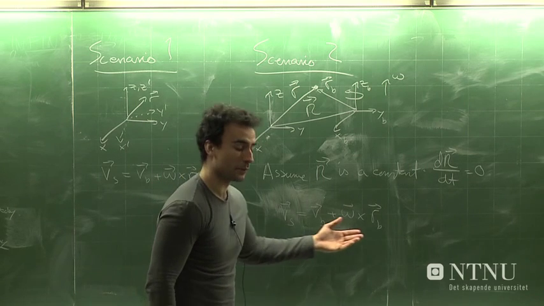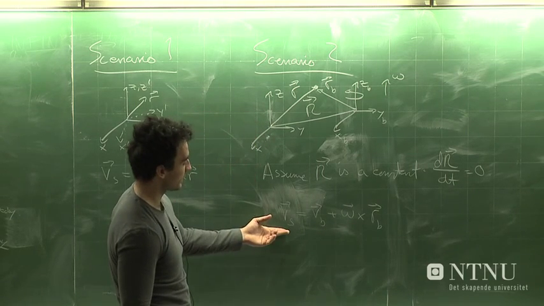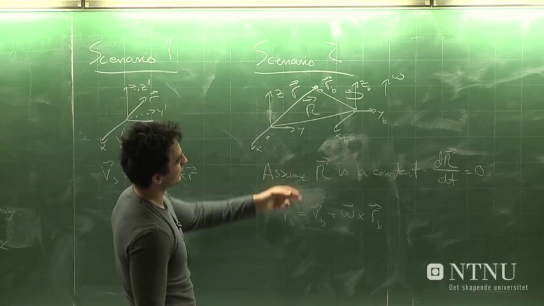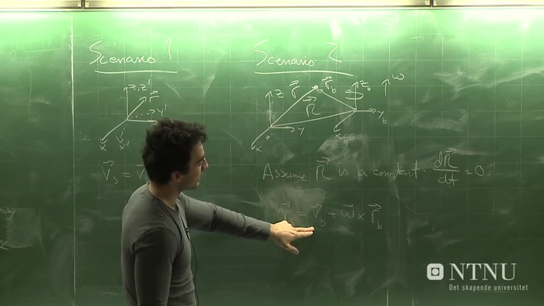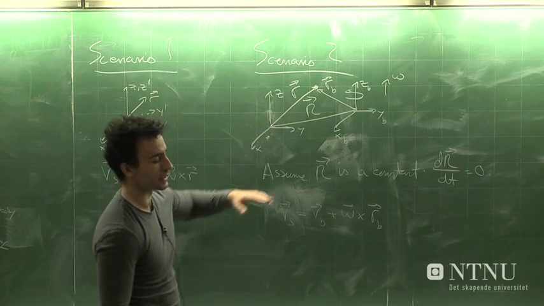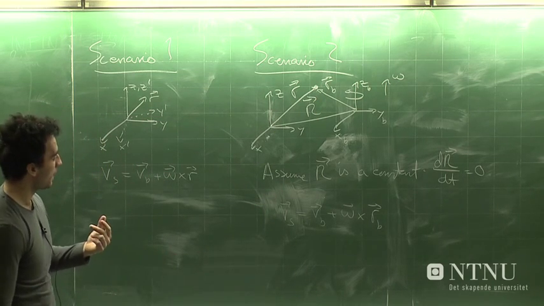Because we still have the same operator relation, but now Vs, as before, is the velocity of the object as seen from the fixed system. Vb is the velocity of the object as seen from the rotating system.